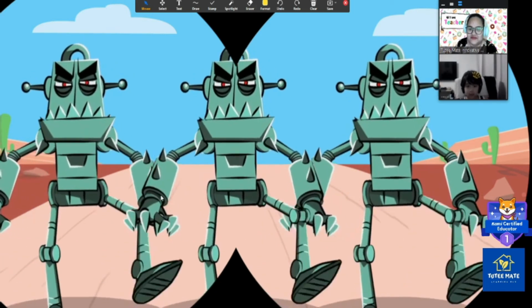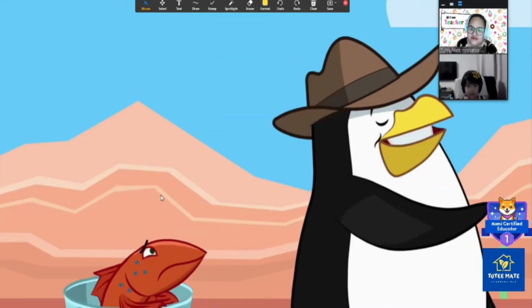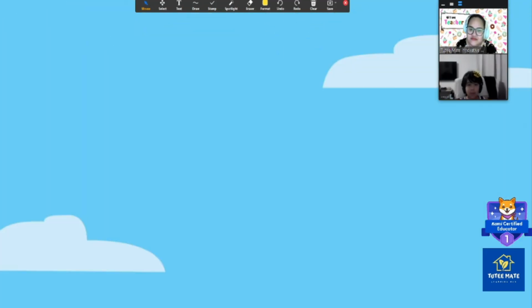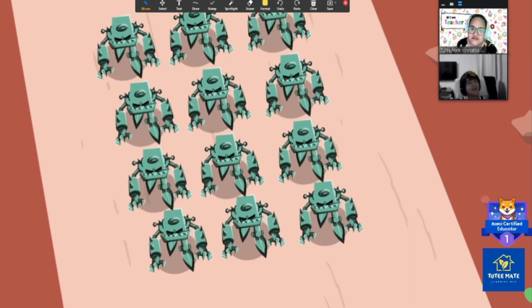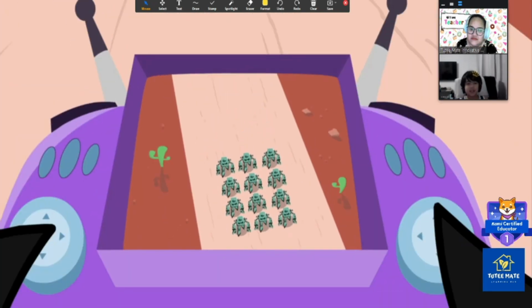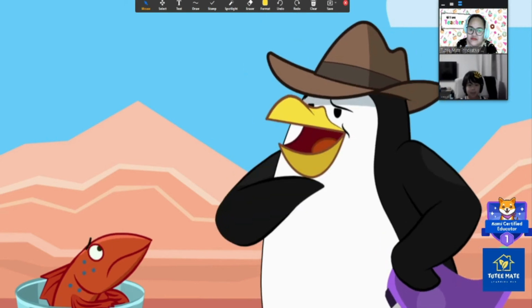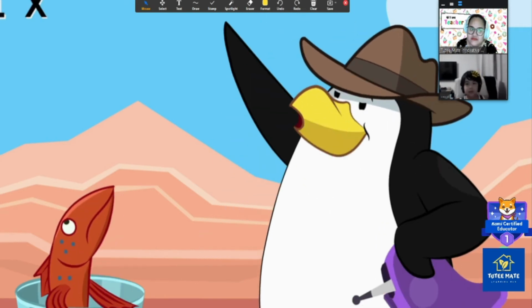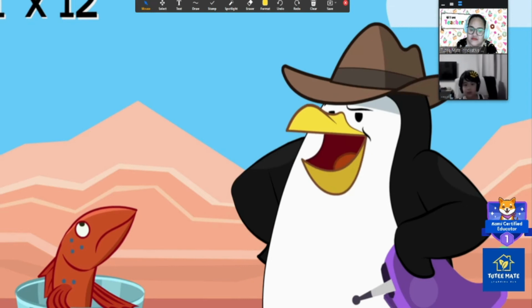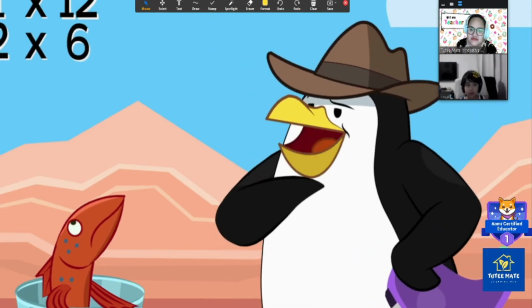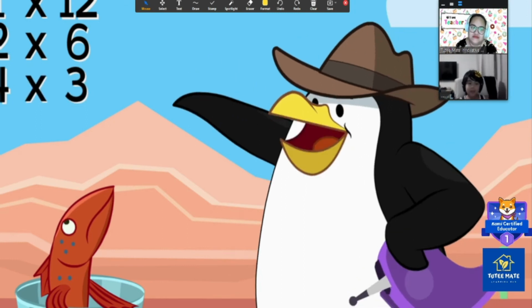Only 3. Suspicious. Deploying the Pepetron to get a better look. Aha! There are still 12 crunchies headed our way. They're changing their arrangement in order to hide. You see, they were in one row of 12 crunchies. Then they rearranged themselves into 2 rows of 6 crunchies each. And now they're in 4 rows of 3 crunchies each.